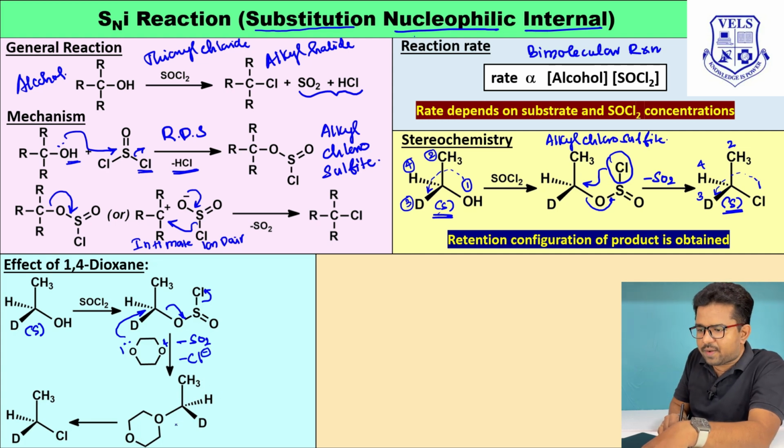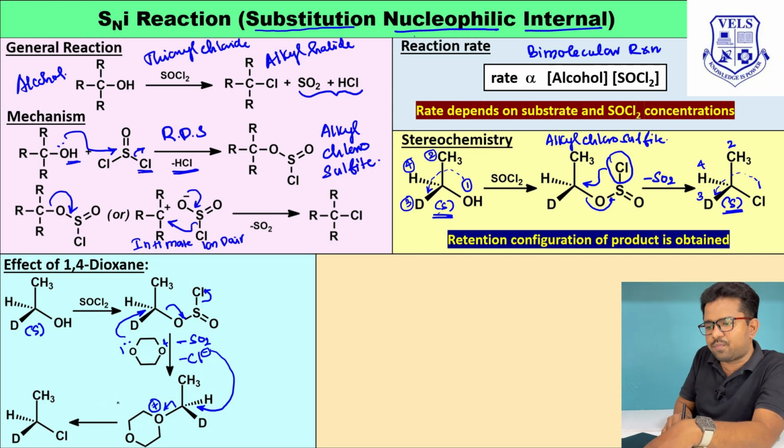It leads to the formation of this intermediate. Here the oxygen carries a positive charge, since it has donated a pair of electrons. In the next step, this Cl minus attacks from this side, opposite to the dioxane part. Once this attack takes place, this carbon-oxygen bond is broken and dioxane leaves, leading to the formation of this product.